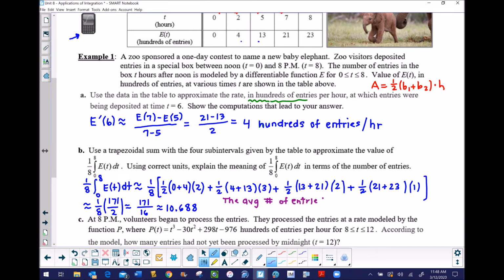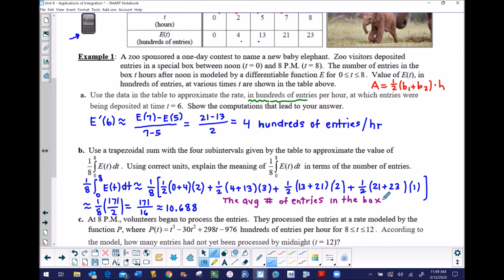You've got your noun right there, I think, the average number of entries in the box. I don't think the phrase "in the box" is required. It does give it a little bit more color. But we do need to put our time. And we also need to put our units.